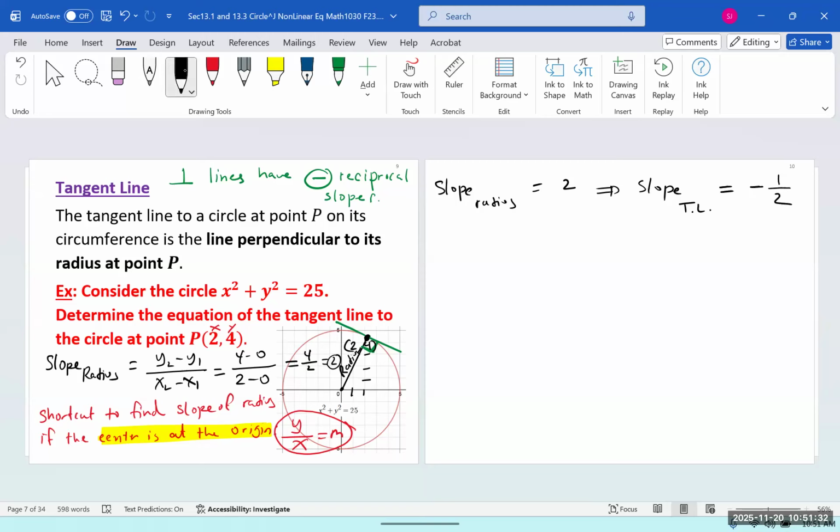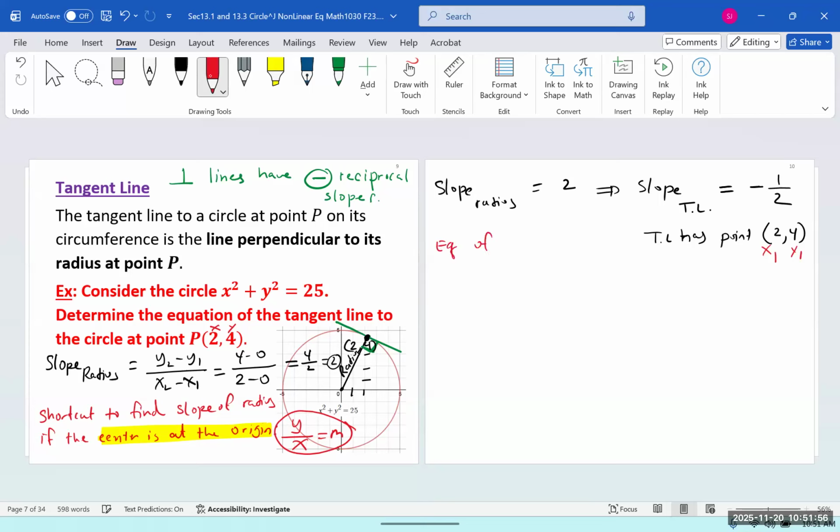So it's the negative reciprocal. And that tangent line goes through the point (2, 4). So this is x1, this is y1 for the tangent line.